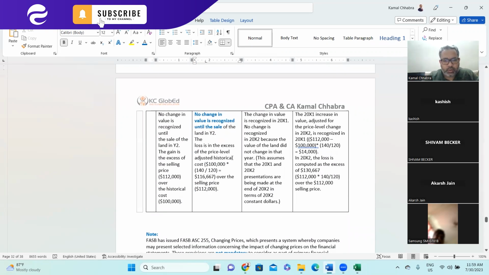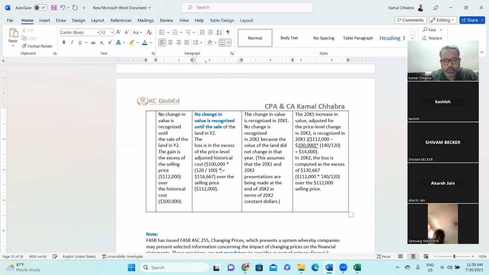And here also the loss in excess of purchasing power, $100,000 times 120 divided by 100, multiplied by 140 divided by 120.